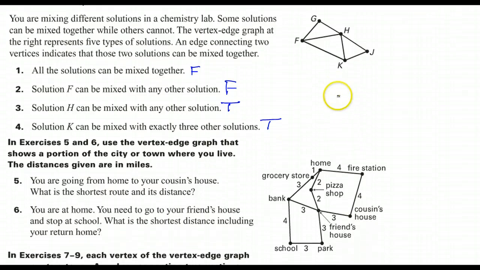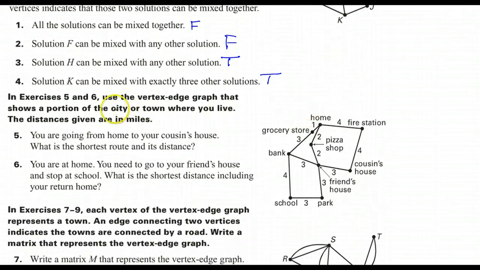Now, in exercises 5 and 6, use the vertex edge graph that shows a portion of the city or town where you live. The distances are given in miles. Okay, you're going from home to your cousin's house.